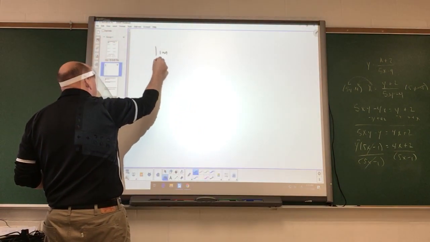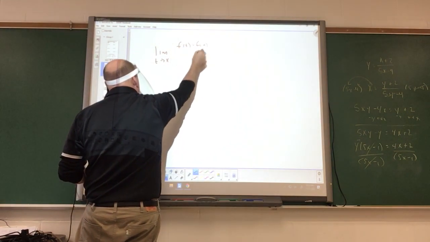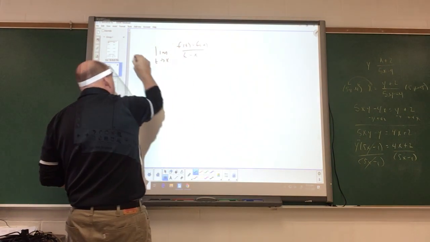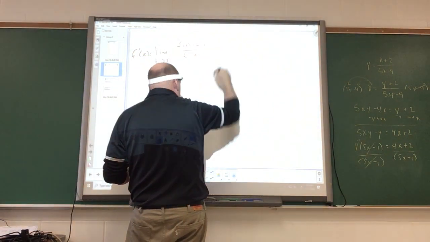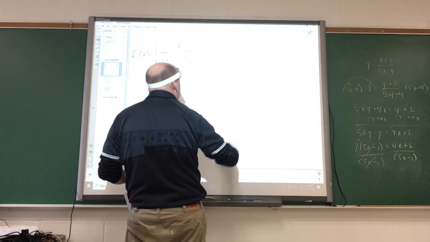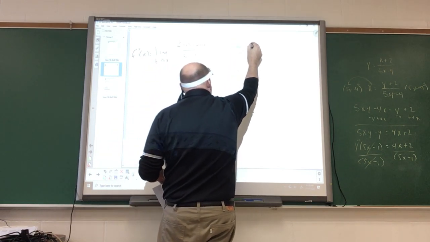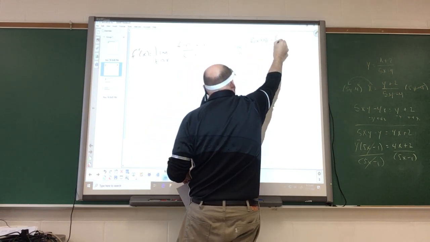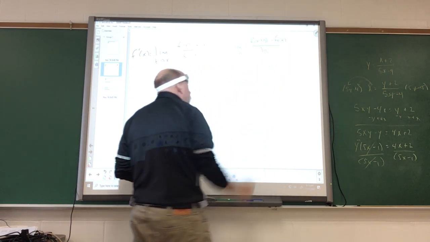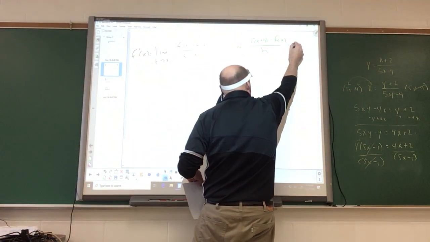Limit as t is approaching x of f of t minus f at x over t minus x, or we can deal with limit as h approaches 0 of f of x plus h minus f at x all over h. And both of these will calculate your general derivative.